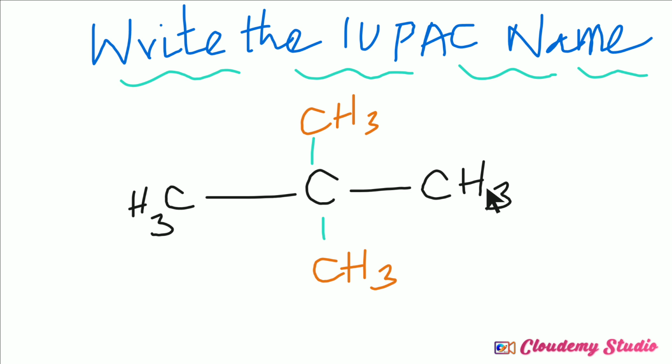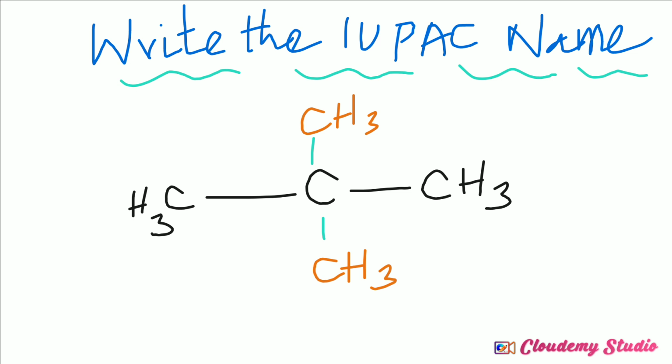Another way is from the top. Then we can start from this and go to the end this way. Another way, we can start from this and come to this side. Another way, we can start from this and come this way. Another way, we can start from this and go this way.